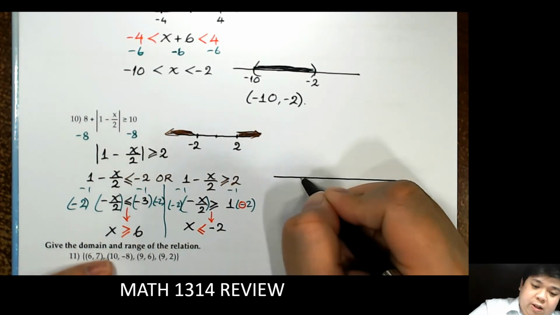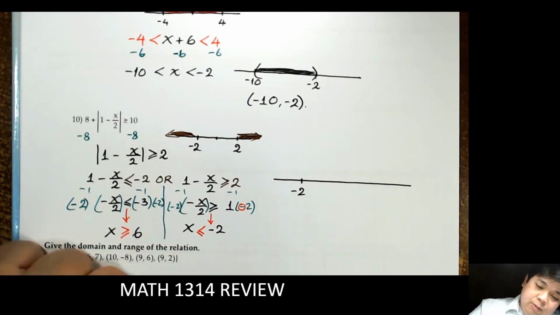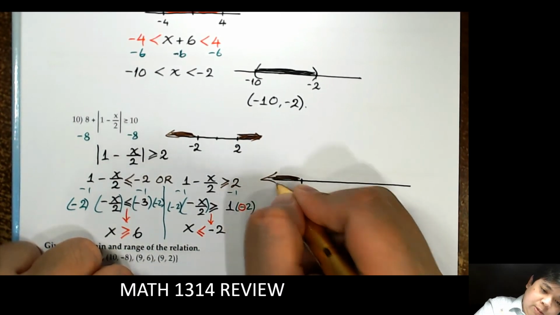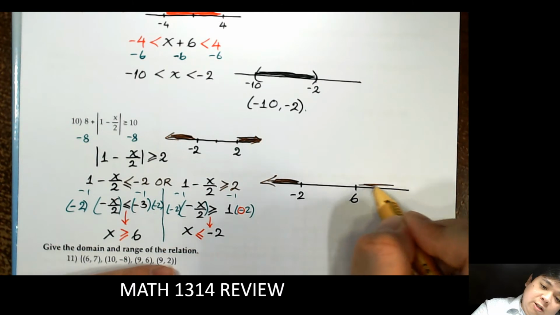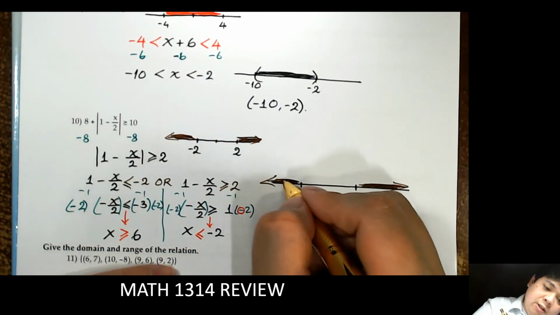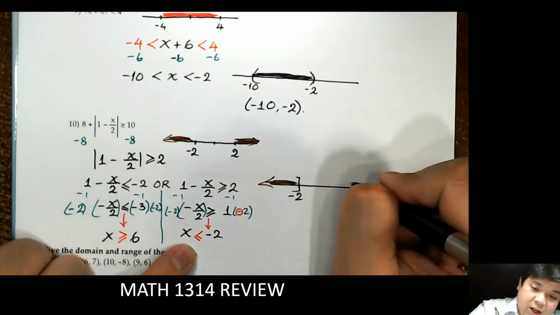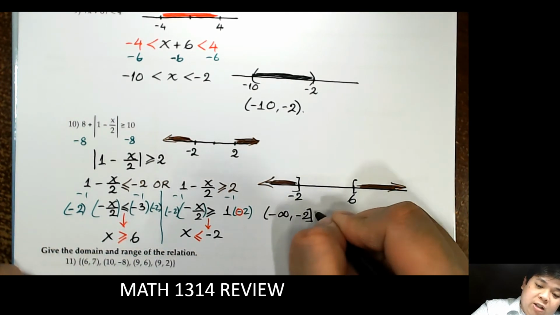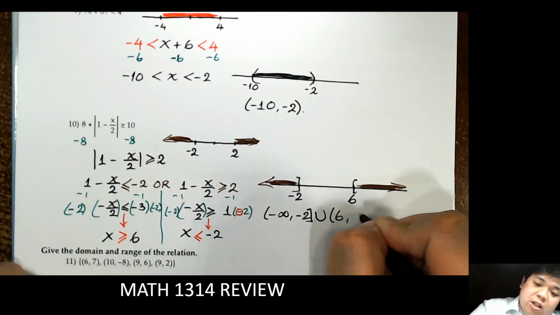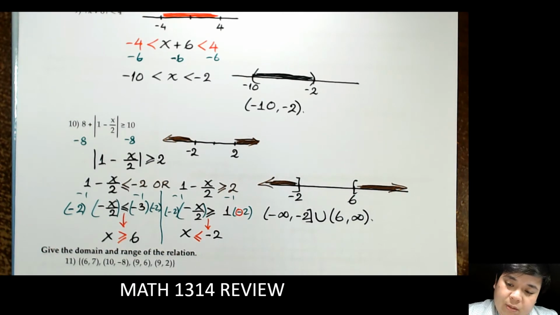So we have x less than negative 2 and x greater than or equal to 6. And it has the equal sign as well, so it should be the bracket. If we write that, negative infinity to negative 2 bracket, union 6 to infinity parentheses. Right.